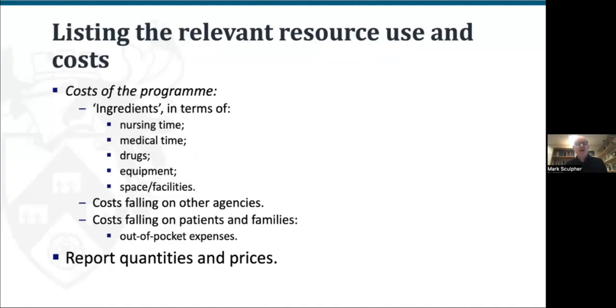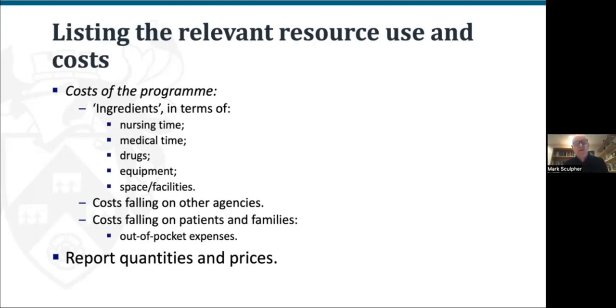So when we're thinking about identification, we need to list some of the ingredients, if you like, in delivering care. It might be nursing or medical time, drugs, equipment, but we need to think about whether we're only interested in the budget of the health system. So in reality, the delivery of healthcare often consists of impacts on a range of different budgets.